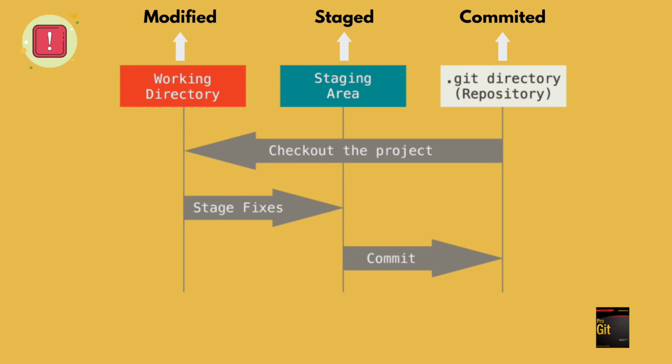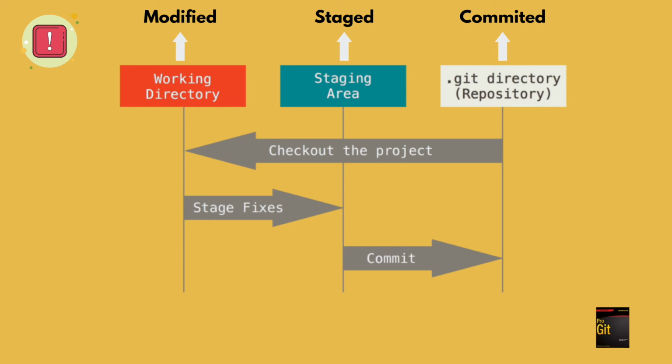And it means that you mark a file in its current form to go into your next commit snapshot. This allows you to selectively choose files that should be committed to the database. The last one is called committed, and it means that the data is safely stored in the database. Obviously, we'll work and move within all these 3 stages a lot in this course, so you'll understand it much better.